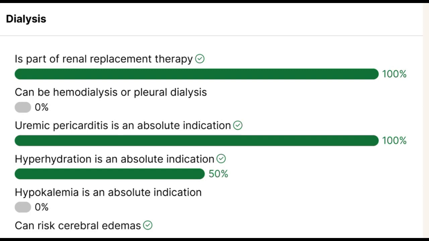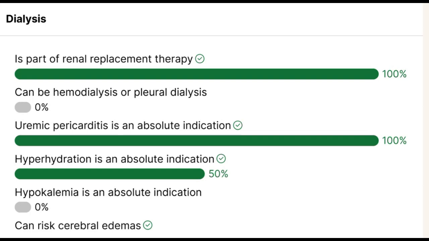Hyperhydration is an absolute indication. That is true, because if you don't treat hyperhydration, it can lead to imminent heart failure, and it can also risk cerebral edemas. And this is something that Ms. Kubova likes to test. It is called the dialysis disequilibrium syndrome, which occurs because dialysis is a rather quick thing, but the movement of substances across the blood-brain barrier is rather slow.